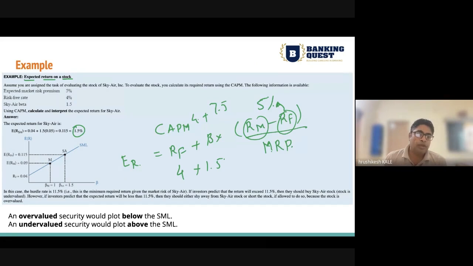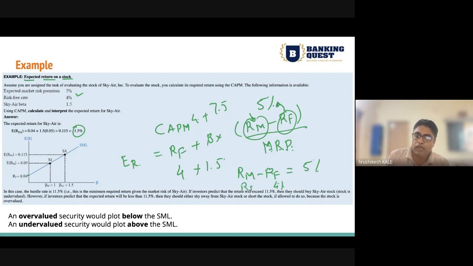Now, what you are going to do, you are going to start from the risk-free rate, which is 4%. How much will be the return of market if market risk premium is 5%? Return of market minus risk-free is 5%, and you know risk-free is 4%.